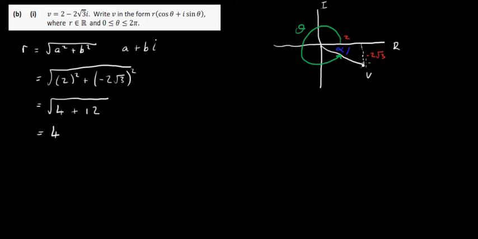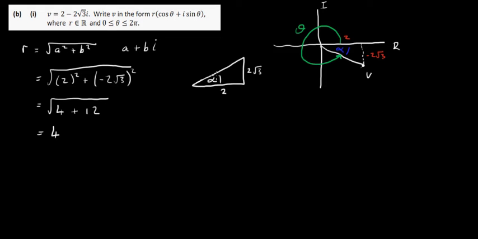Now this triangle here, if we just draw that the way we would normally draw these things in this orientation, this would be our alpha here. We've gone out 2 units, we've gone down minus 2 root 3, but in terms of actual distance, distances are always positive, so this is 2 root 3 actual units.